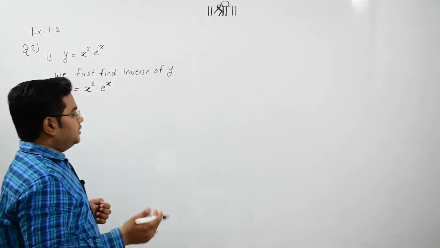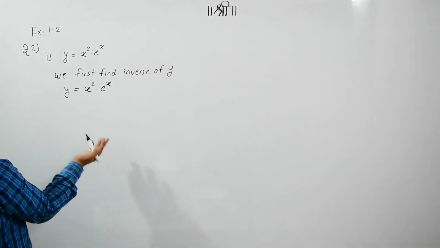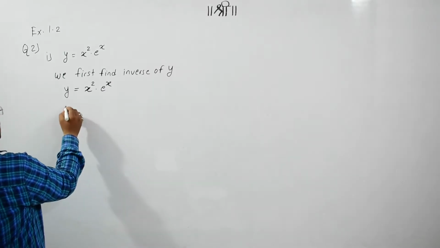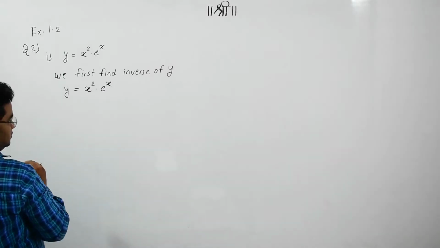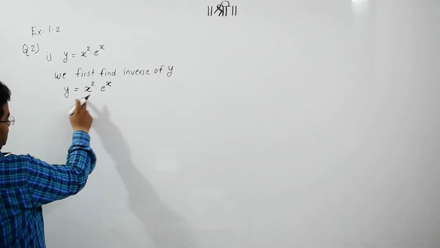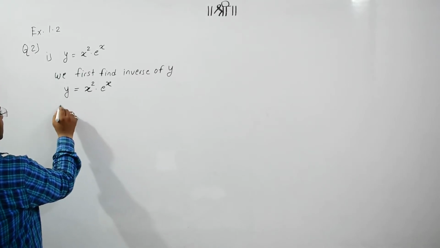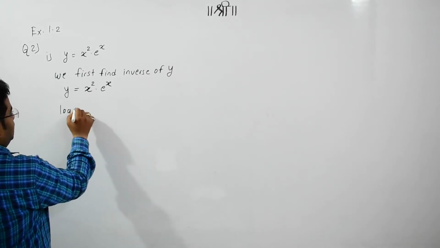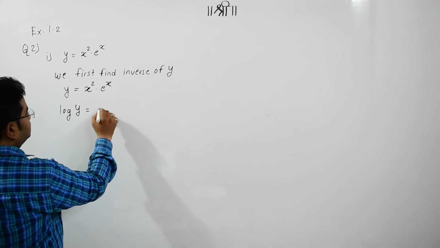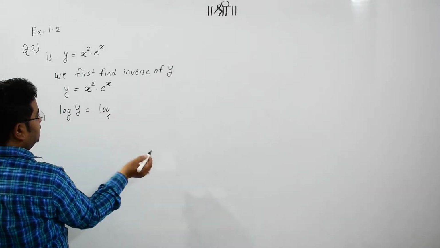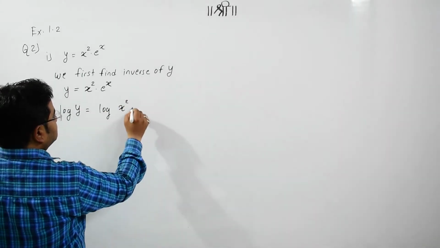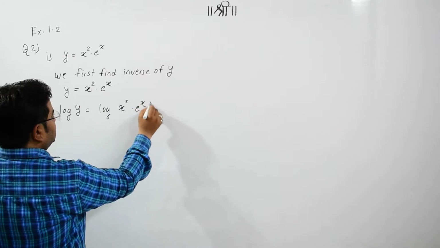Whatever we were doing in question number 1, we are just following that step. But what is the difficulty? If I look at it properly, taking log on both sides, log of y is equal to log of x square dot e raised to x.